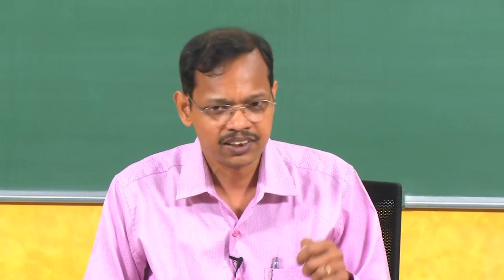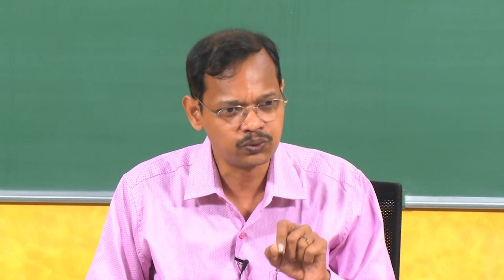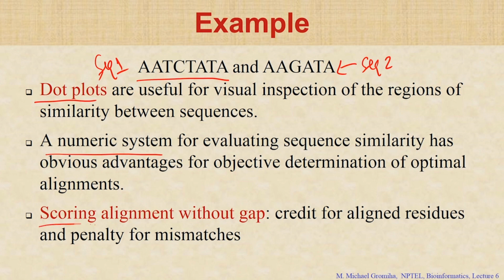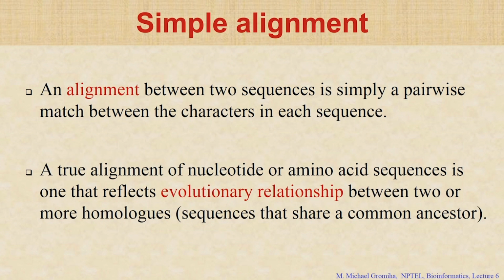So, we need a score. In this case, we need to develop some matrices to score whether sequence 1 is related with sequence 2 or not. So, we need the scoring measures. We need 3 different types of measures, right, because we discussed 3 different types of changes. What are the 3 different types of changes? Mutation, insertion and deletion, right.